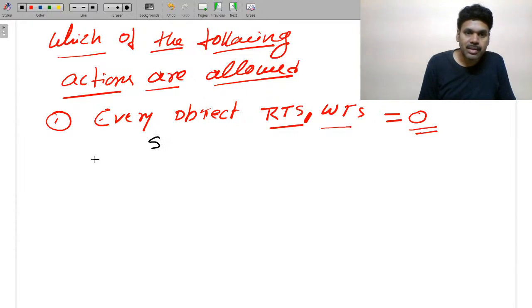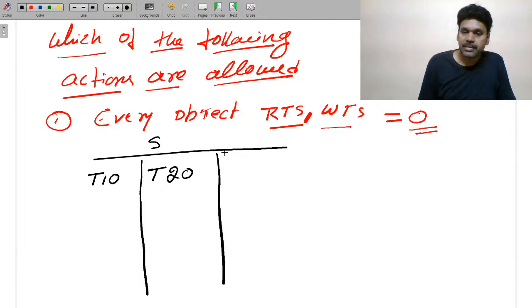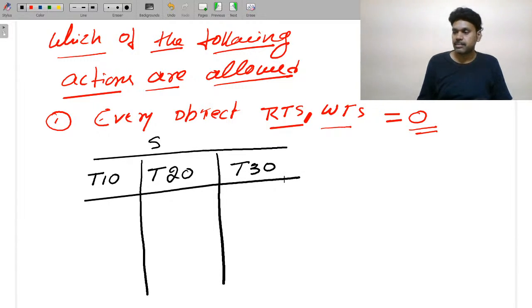So schedule S, T10, all of you please look carefully, T20 and T30. Ready? Now listen.